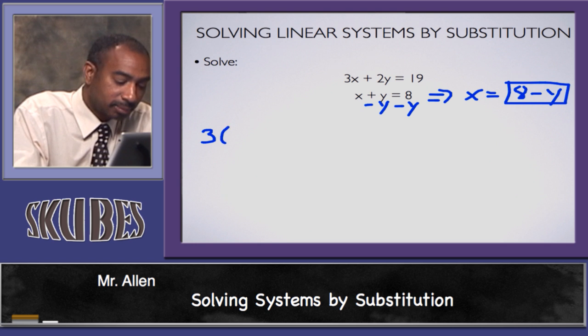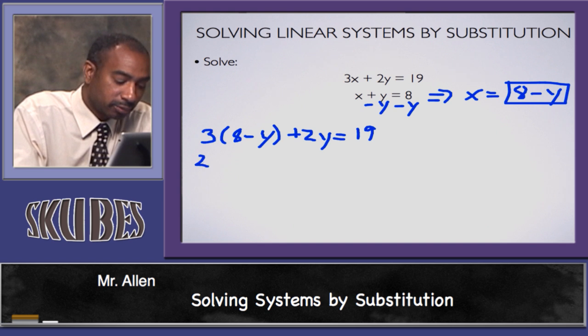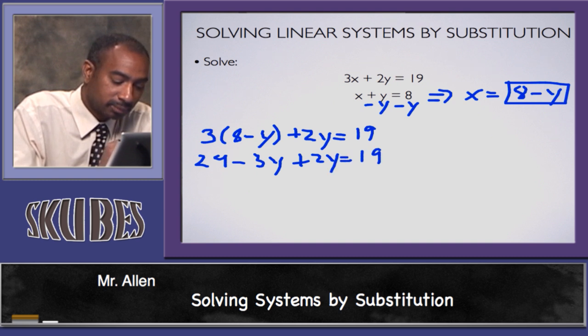So I have 3 times 8 minus y, plus 2y equals 19. 3 times 8 is 24, minus 3y plus 2y equals 19. So negative 3y plus 2y is negative 1y, or negative y, and that equals 19 minus 24.